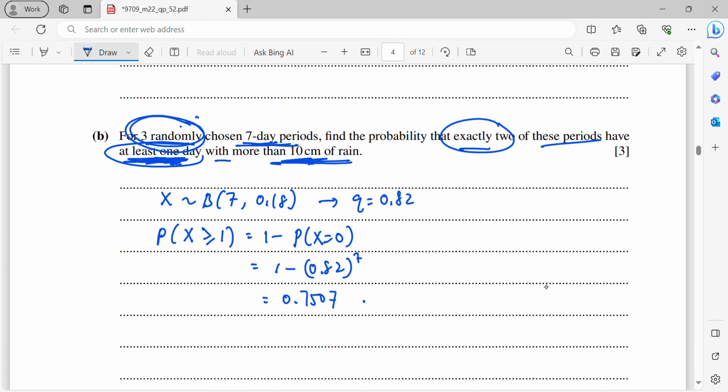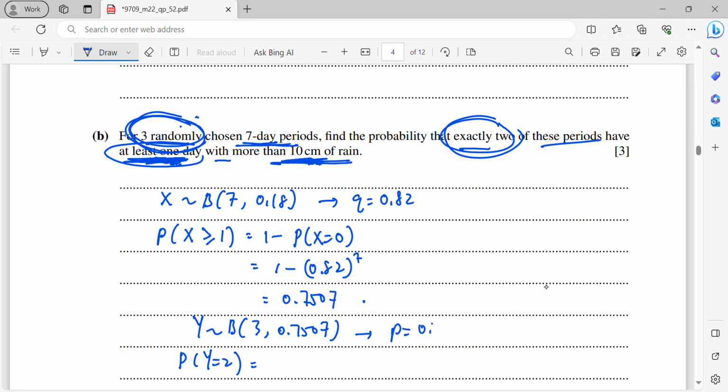Now, from 3 periods, exactly 2 have at least 1 day. This means now my Y is binomial with n equal to 3 and the probability 0.7507, because 0.7507 is the probability of at least 1 day with more than 10 centimeter of rain. Out of 3, exactly 2, therefore P(Y = 2).